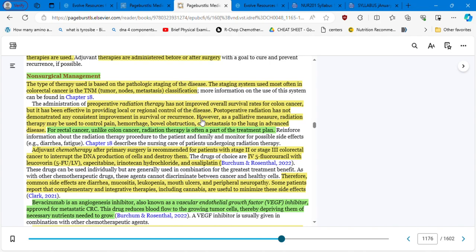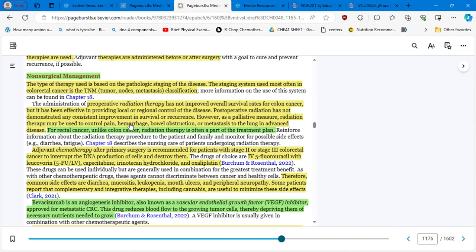So when they are going through a disease similar to this, you need to discuss with them, hey, I learned that radiation in this case has not improved overall survival rates, so it's up to you, you want to do it or not. Okay, but it has been effective in providing local or regional control of the disease.